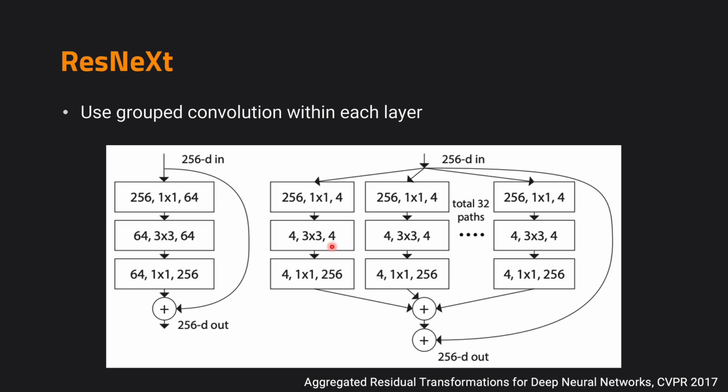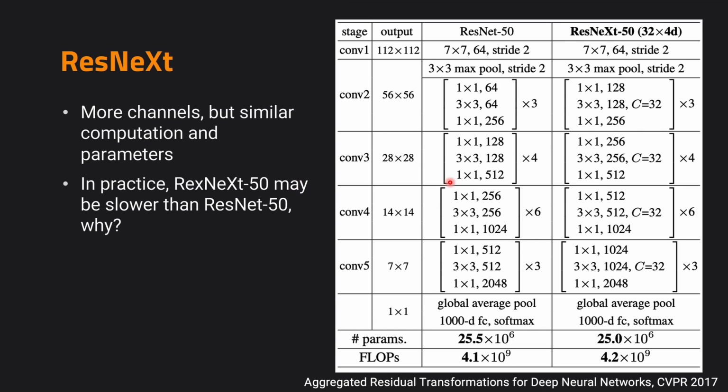And with this grouping technique, we can probably improve the performance. But I want to point out that this group operation was actually also used in AlexNet, and at that time, it was used for accelerating the network training. And it's interesting to see that after several years, we realize that it can also be used to improve the network performance.